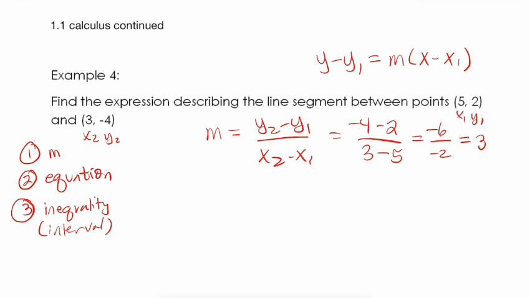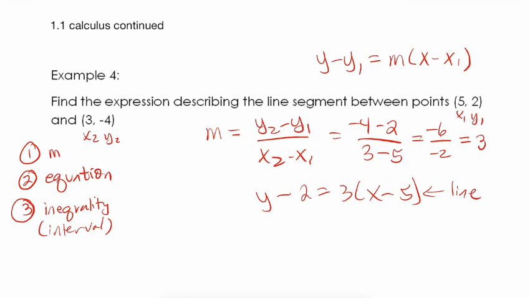So if I just said find the line between the points, we know already that it's y minus 2 equals 3 times x minus 5. That's all you would have to write down. So that's the line. But the question is to describe the line segment.